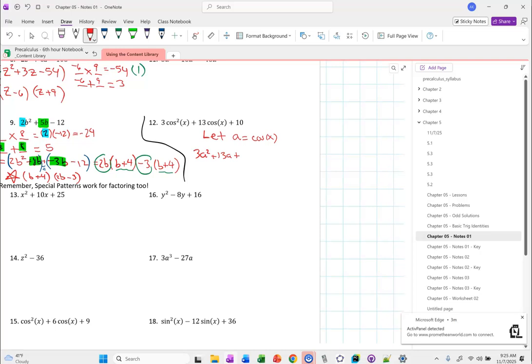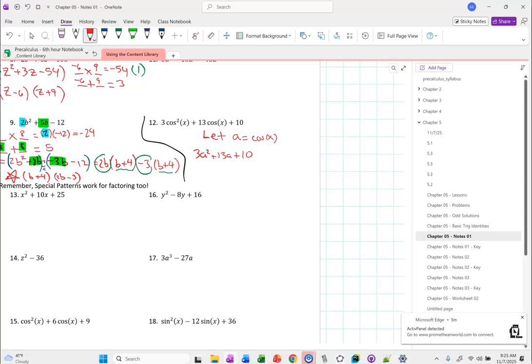And 10 is 10. This is now identical to the type of problem we just were doing. Any problem with 3a squared plus 13a plus 10 looks completely familiar, right? We do it the exact same way. And as the final step, what will we do?